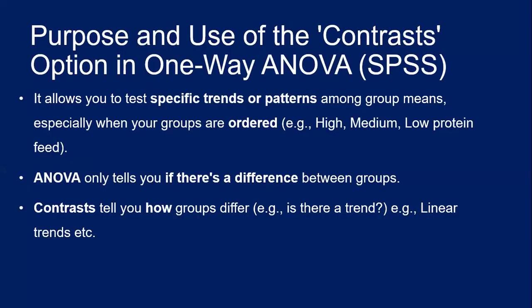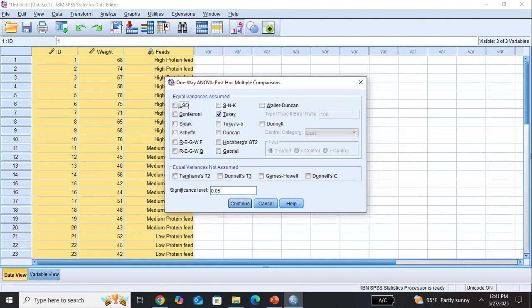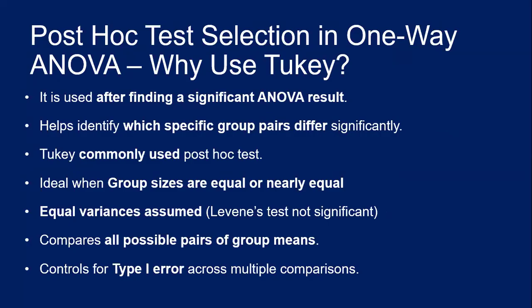So when you open the post hoc tab, you will see quite a lot of tests. But when variances are equal, or you assume that variances are equal, you have to apply the Tukey test. And when variances are not assumed equal, there are multiple other tests which you can apply. So post hoc selection in one-way ANOVA: why use only the Tukey test?